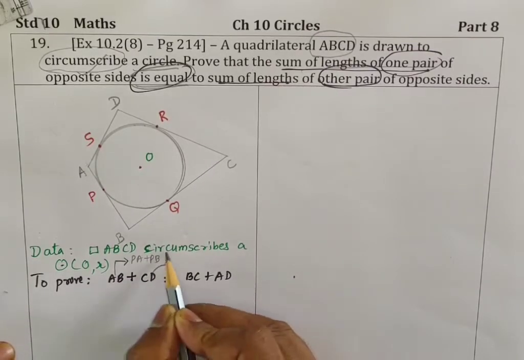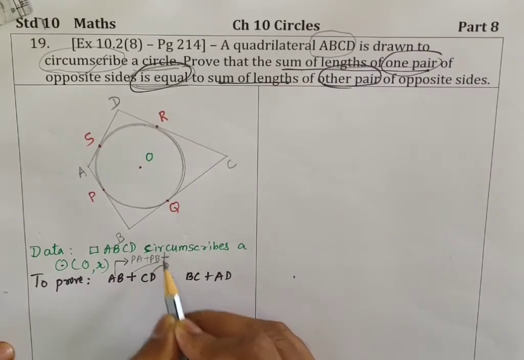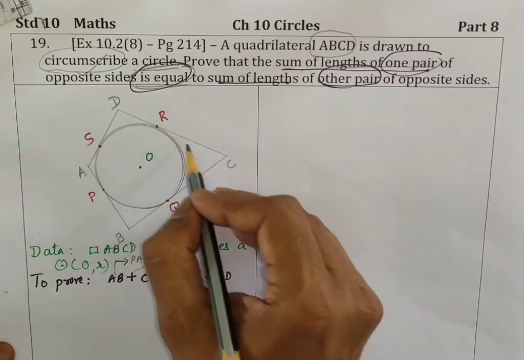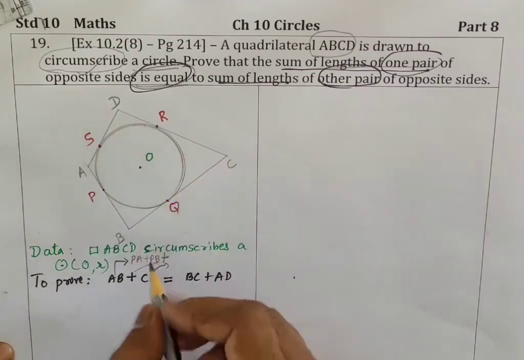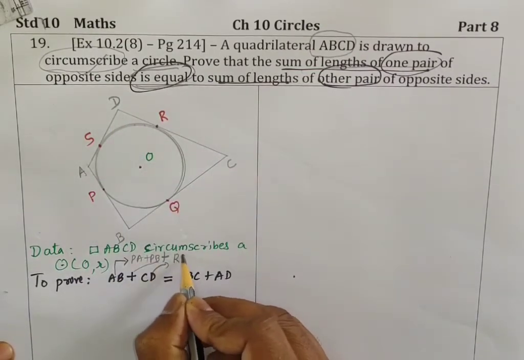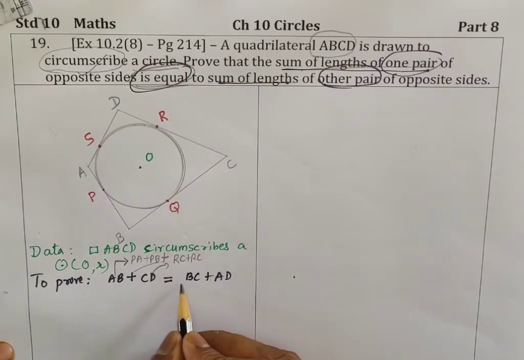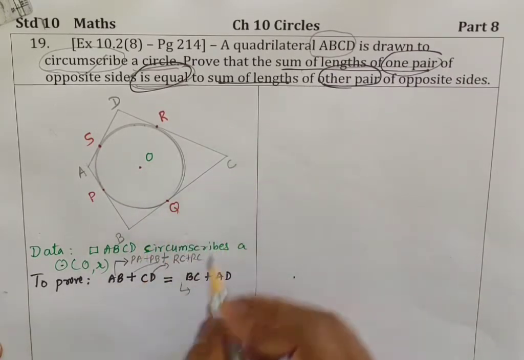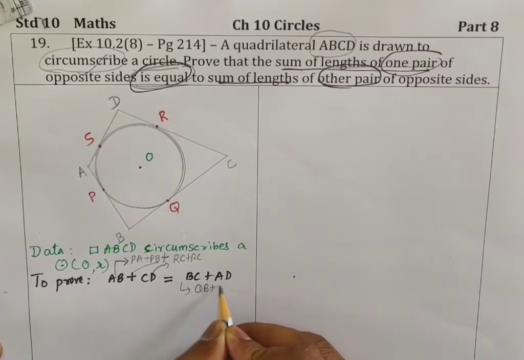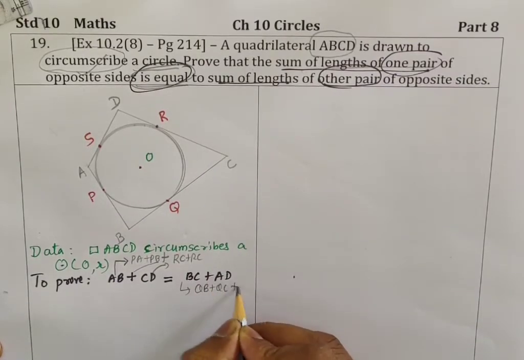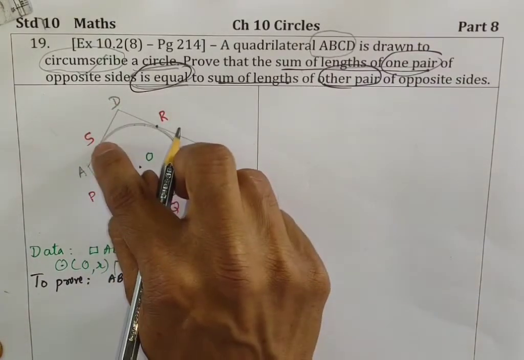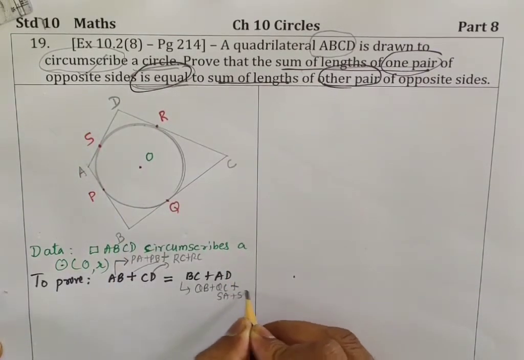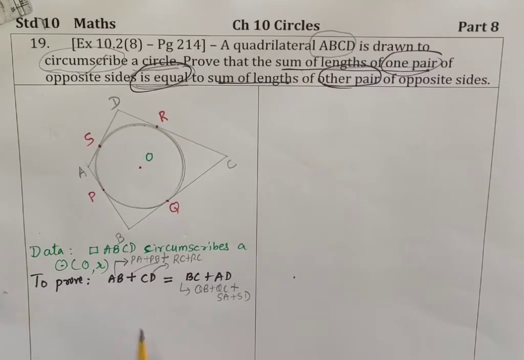Same way, here I write this plus, and this CD, that is RC plus RD, and here BC, QB plus QC, and this plus AD, SA plus SD. Something like this I need.